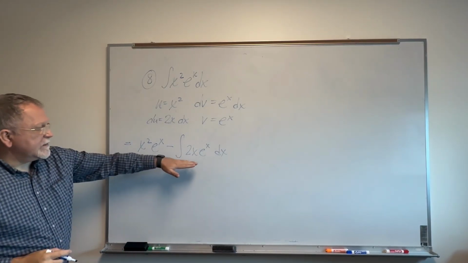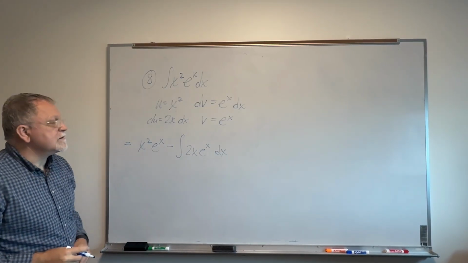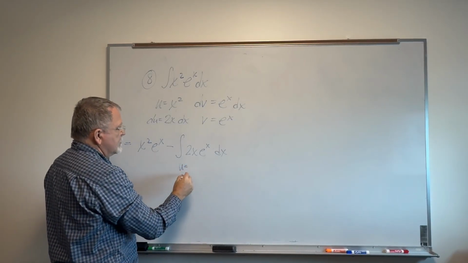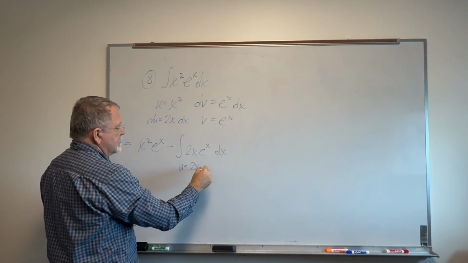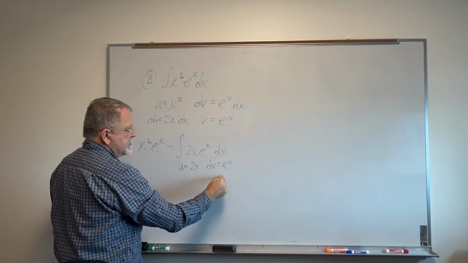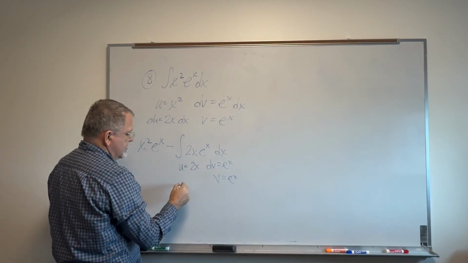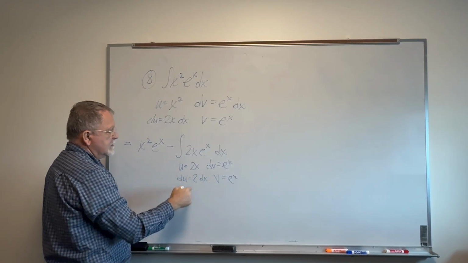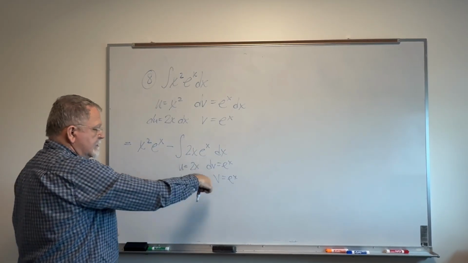Well, now I'm going to have to figure out this integral using integration by parts itself. So I'm going to pick my u equal to 2x and my dv equal to e to the x. Of course, then v is equal to e to the x, and du is the derivative of this, which is 2 dx. So now I'm going to rewrite that with this.